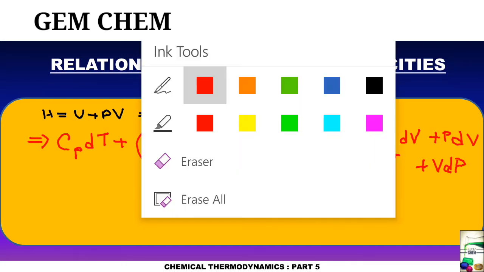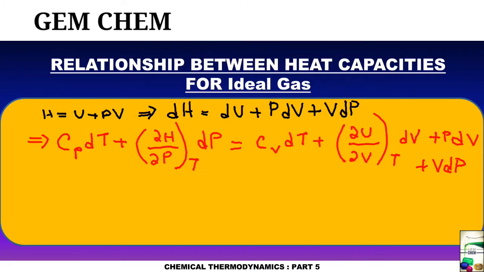Right. Now we have just substituted the value of dH and dU. In the next step we will see that if the transformation is carried out at constant pressure, then we know that dP comes to be 0. So we are going to apply this condition from the next step. So we are considering that the change in pressure is 0.